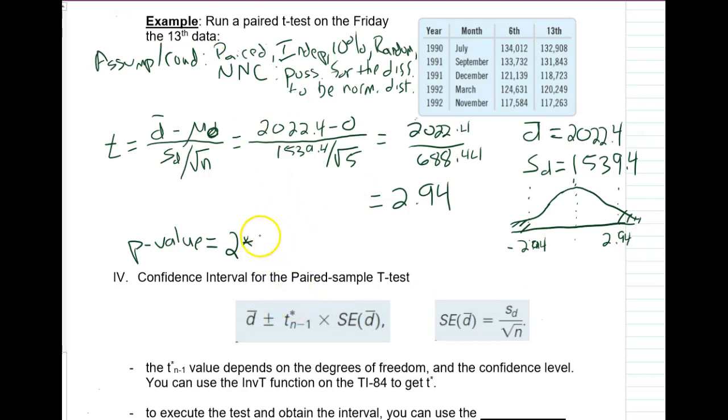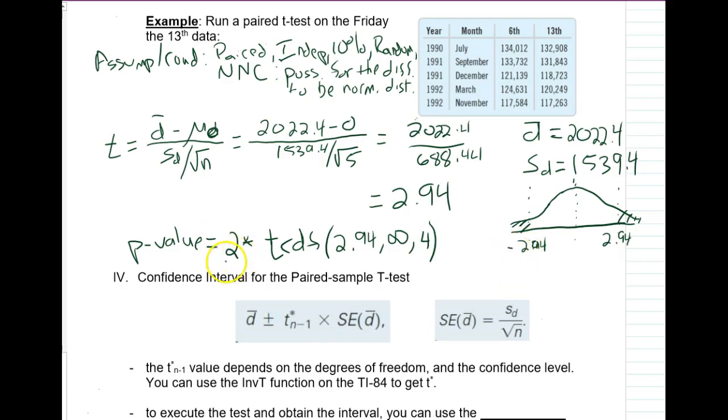That's how we find the area under a t-distribution curve. We have to give it a lower value, so we're going to go 2.94 to infinity, and we have to give it the degrees of freedom. The degrees of freedom are n minus 1, which is 4 in this case. I've got 5 pairs, 5 minus 1 is 4.